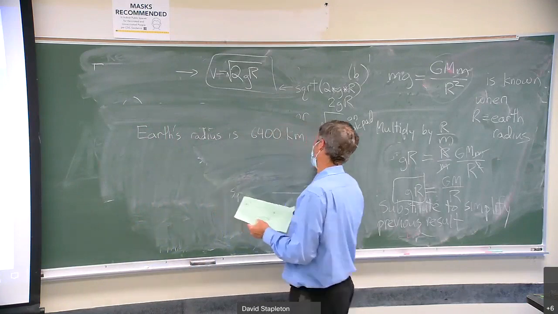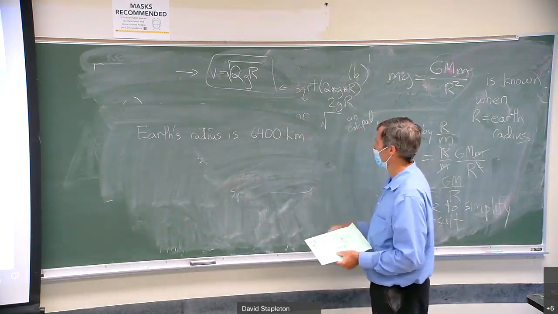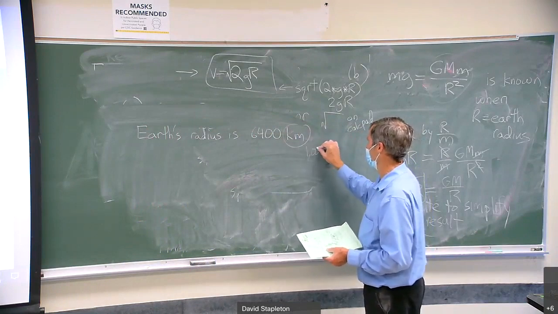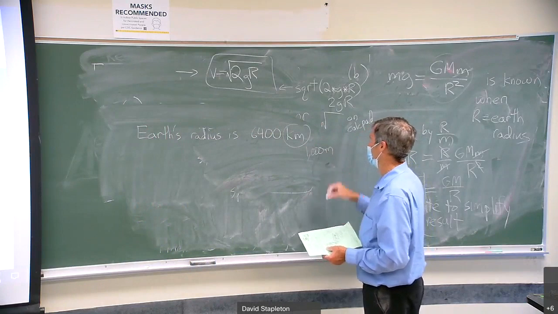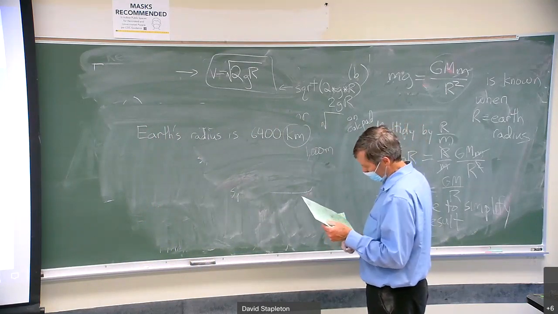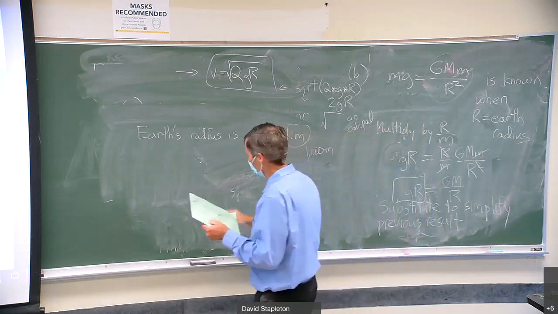KM for kilometers. People in other countries say kilometers in this country. This meaning thousands of meters, right? 1,000 meters, kilometers.